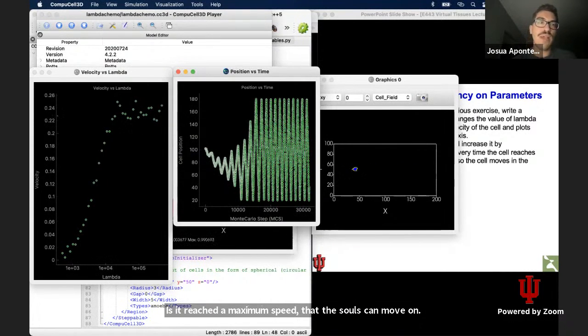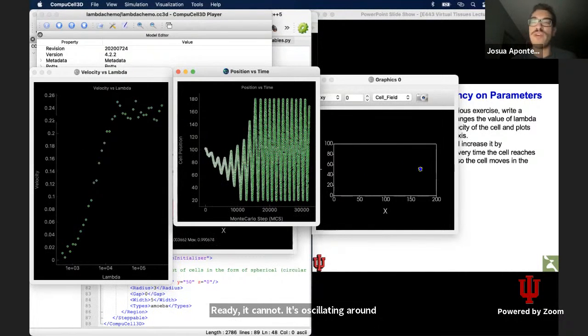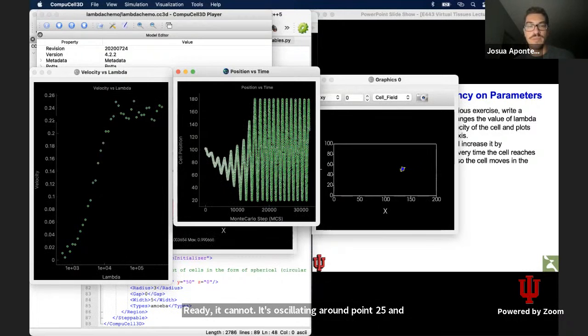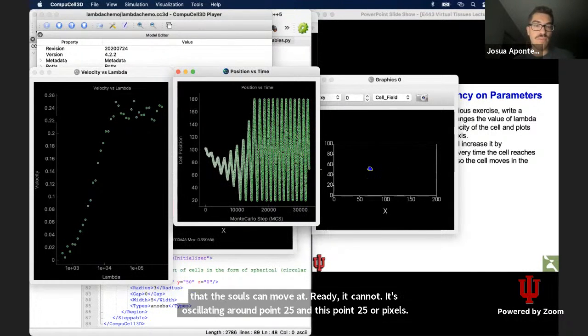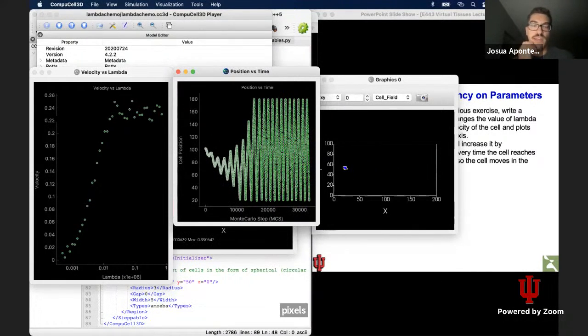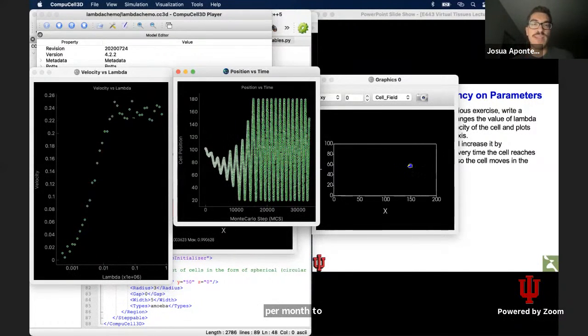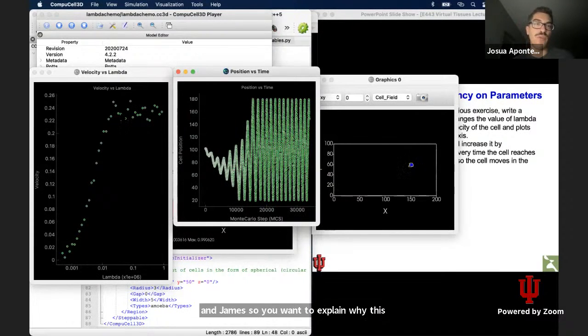It's oscillating around 0.25, and these 0.25 are pixels per Monte Carlo step. And James, do you want to explain why is that the case? Why do we reach this speed limit?